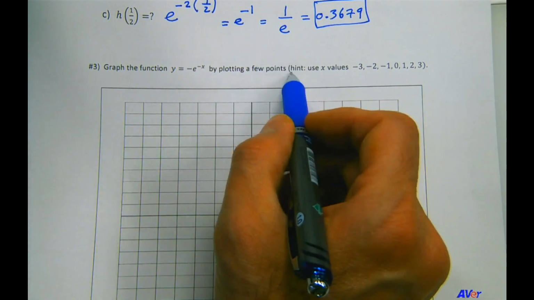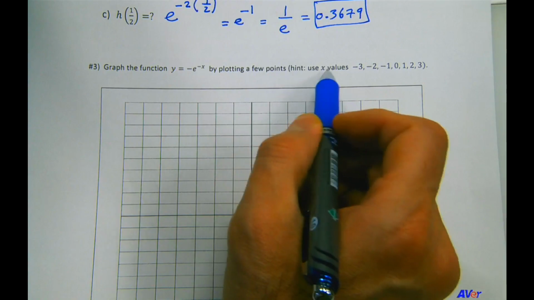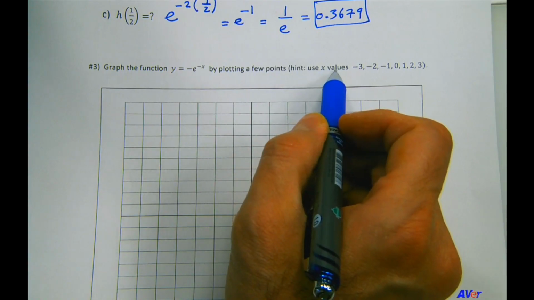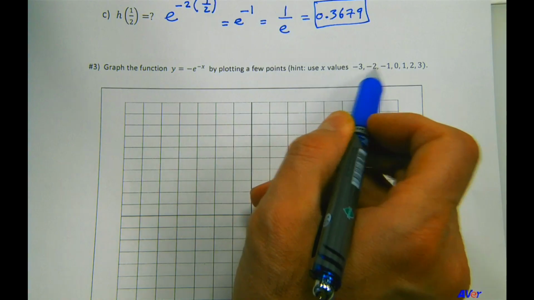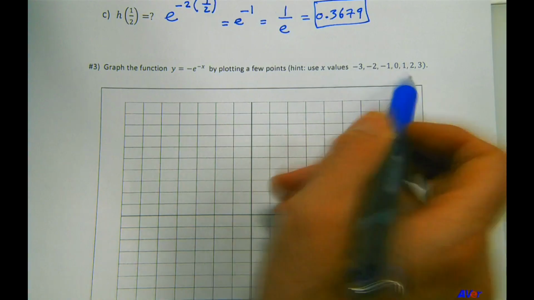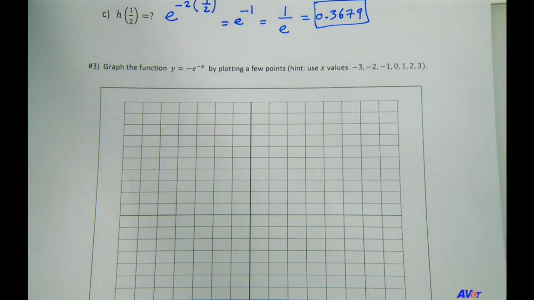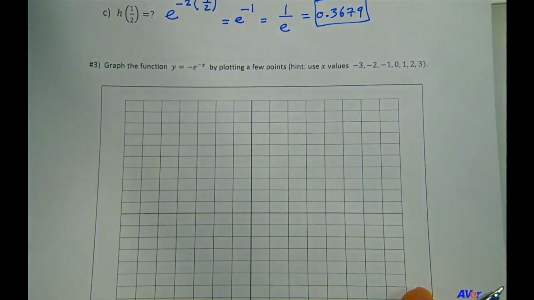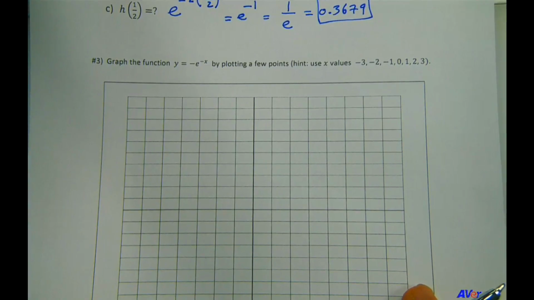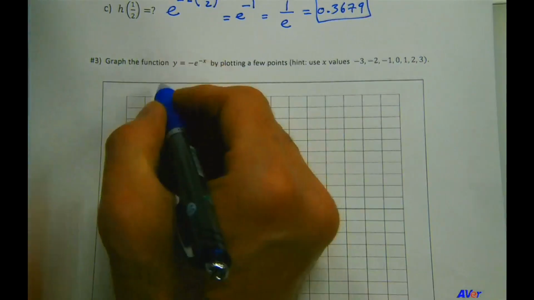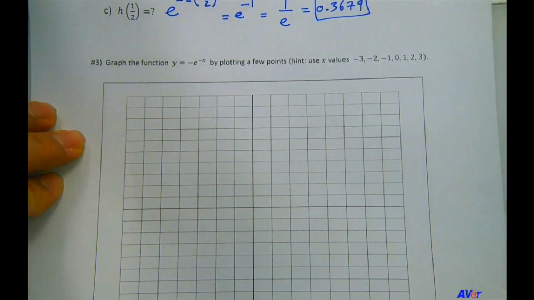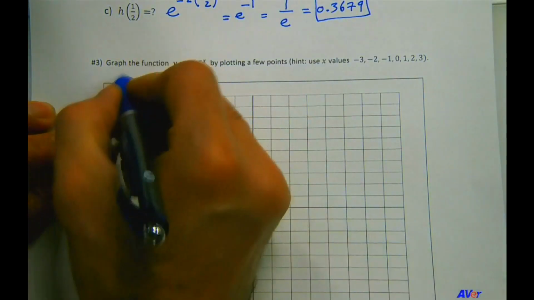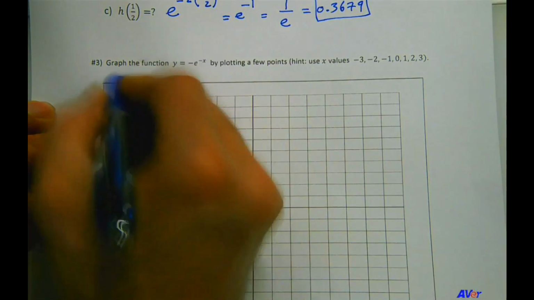By plotting a few points, hint, use x values -3, -2, -1, 0, 1, 2, 3. So let's do that. Let me do that here. It's going to be tight, but I think it's better if I do that here.